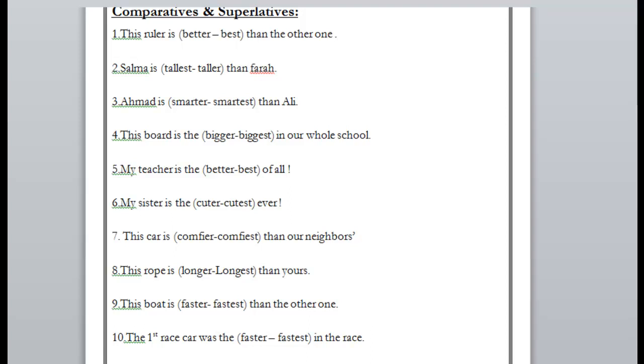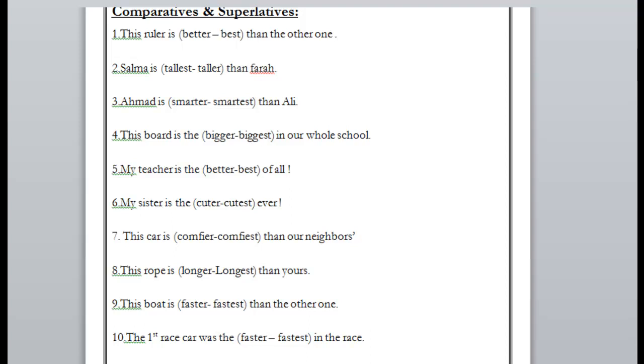I used what, guys? The adjective here is, yes, long. Bravo. Okay, what did I add to the adjective long? Yeah, er. So it became longer. Okay, what was after longer? I just say this ruler is longer. The other one?